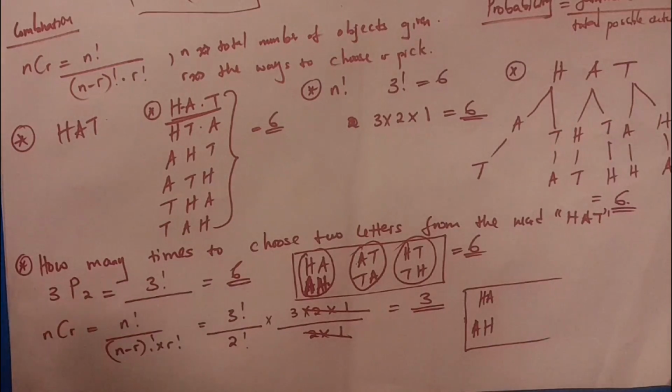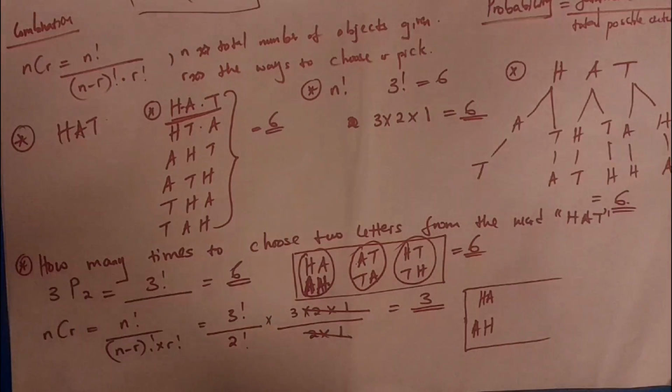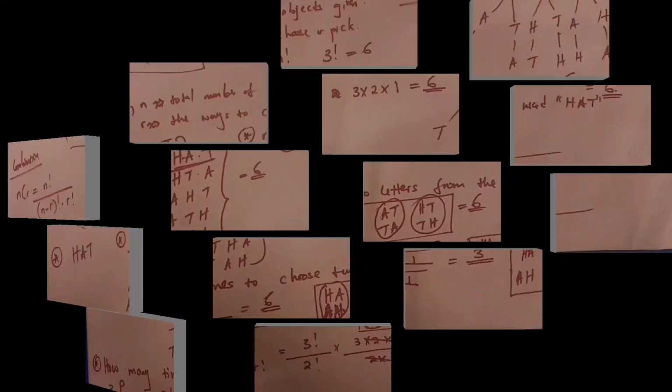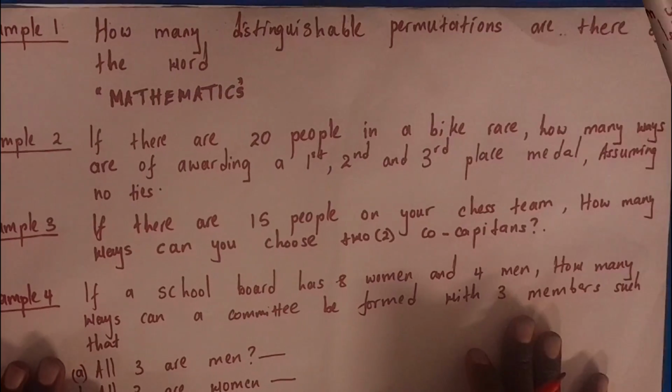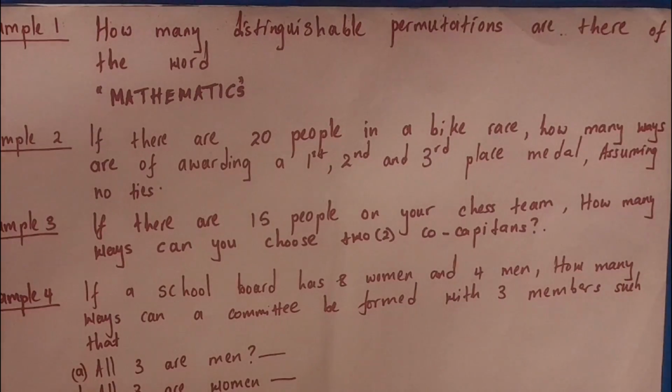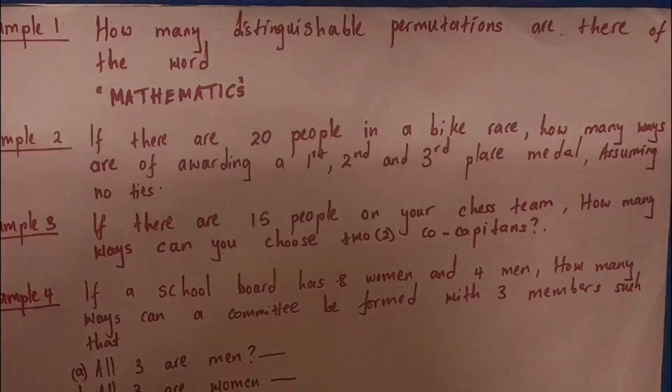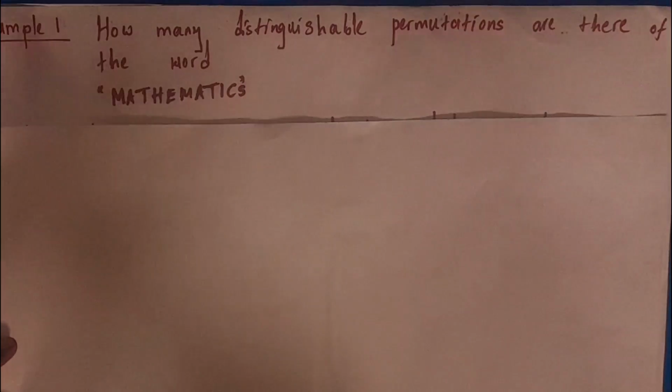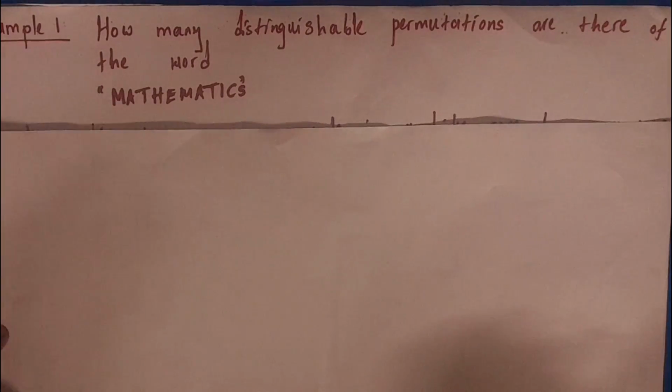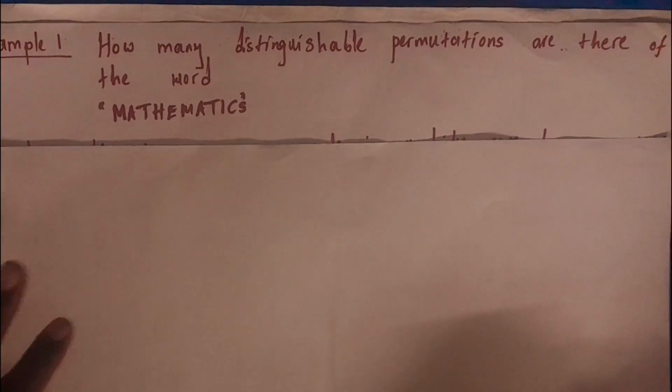So now let us go through examples on permutations, combinations and probability, so that you understand these concepts. Our first example asks: how many distinguishable permutations are there of the word mathematics?